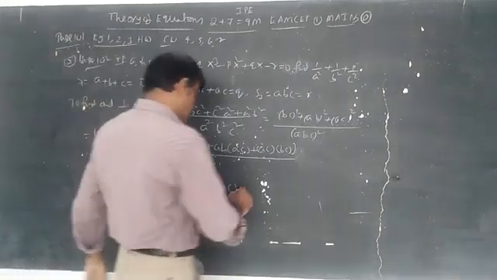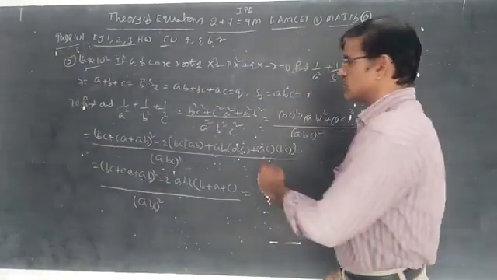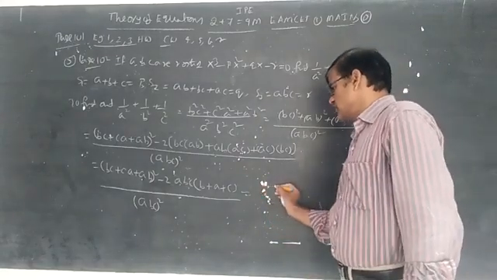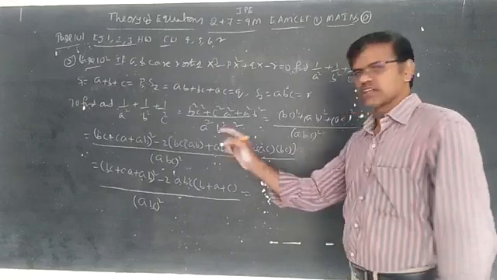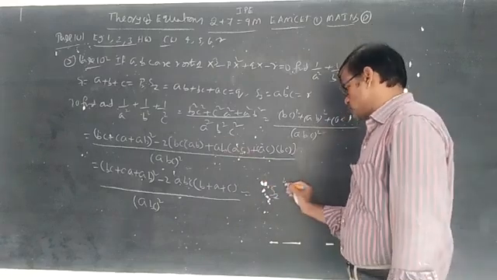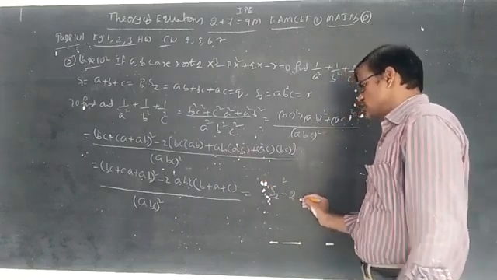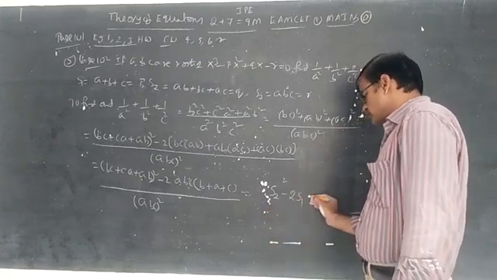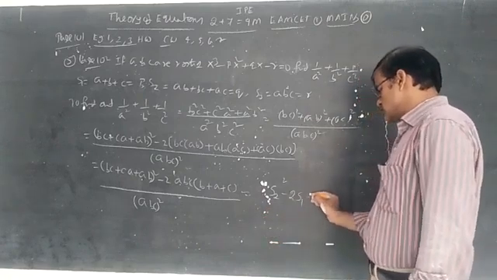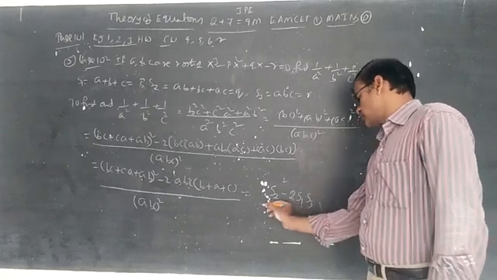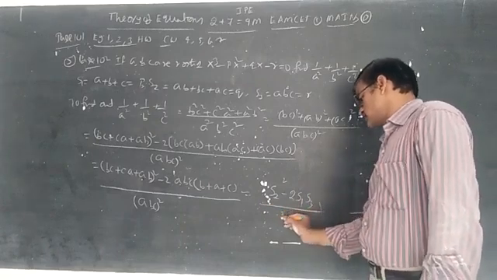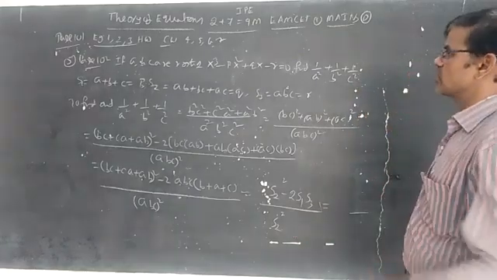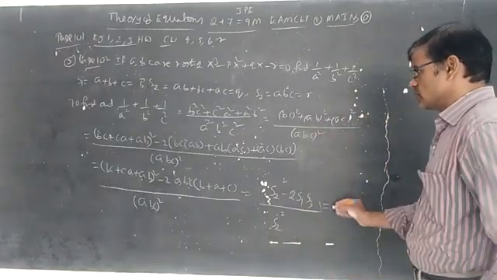Now you can understand this 1 by A square plus 1 by B square plus 1 by C square. Yes, this is AB plus BC plus CA, S2 whole square minus this is 2 into A plus B plus C, means S1, into ABC, means S3, whole by this is S2 square. So what is S2 here? Now depends upon this one.